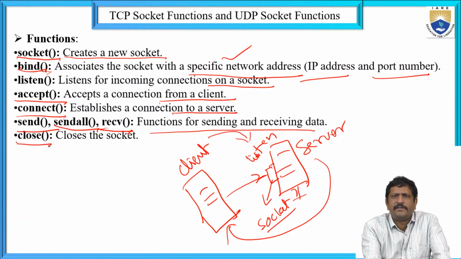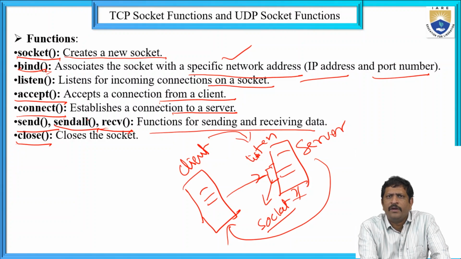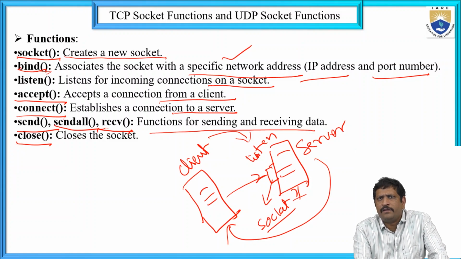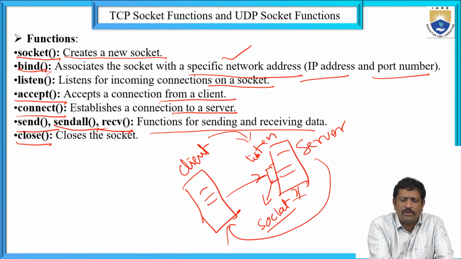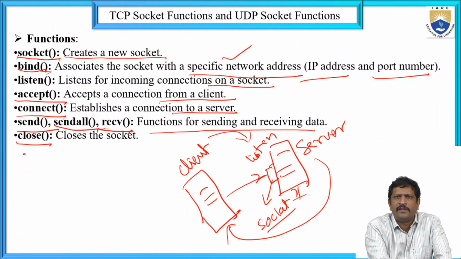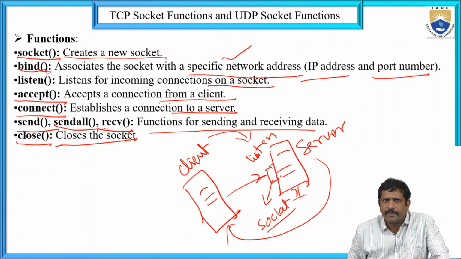Close function. Why we use the close method: once the communication is completed between the server and the client, the two devices, we utilize the close function. The close function closes the sockets.